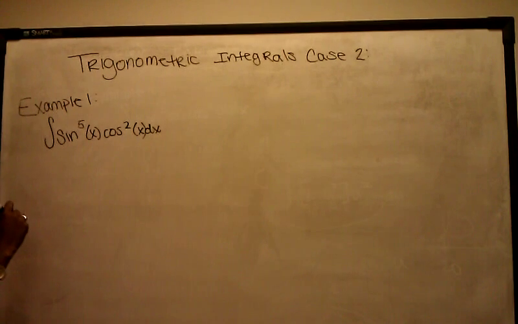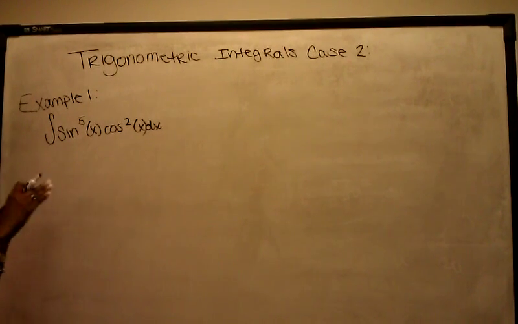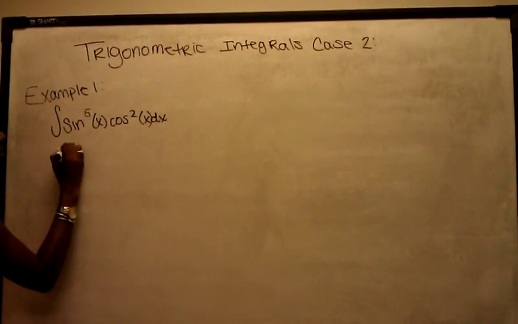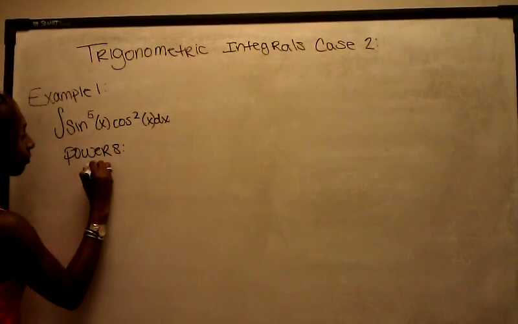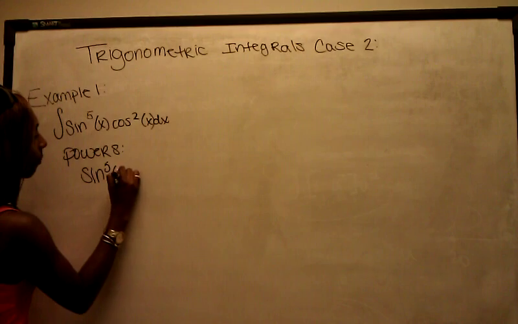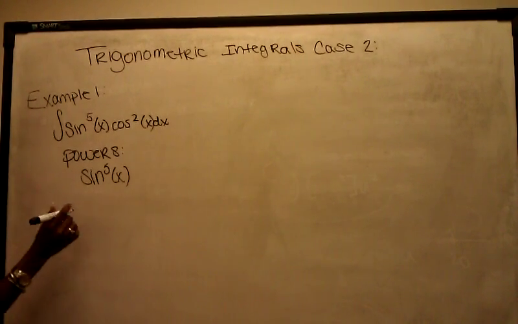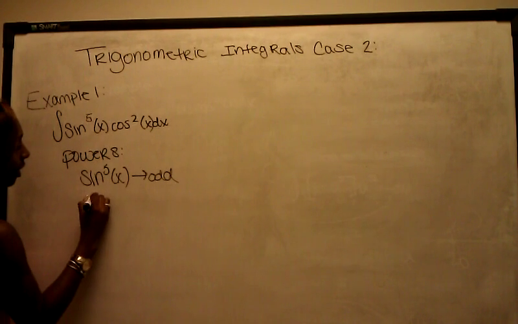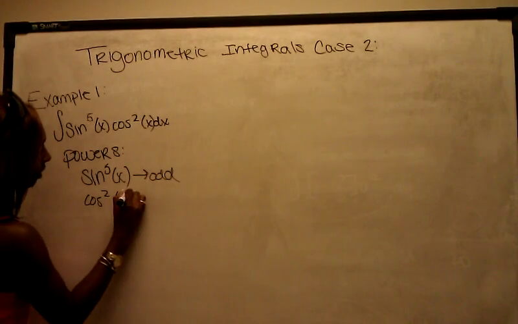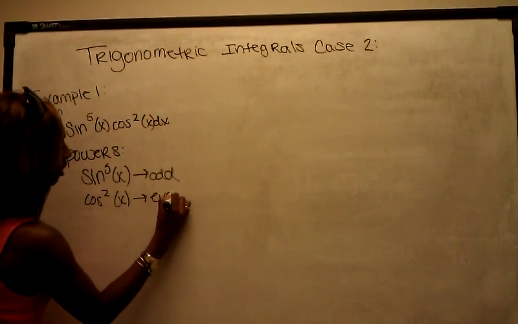And that's going to help us with our first step. So, the power in sine of x to the fifth is odd, whereas the power in cosine squared of x is even.